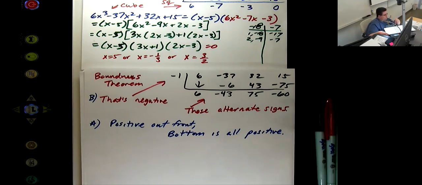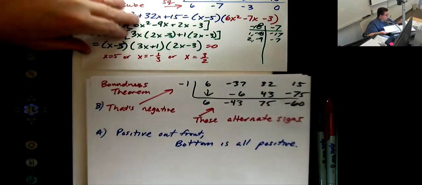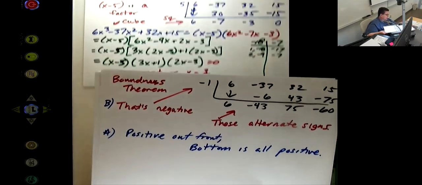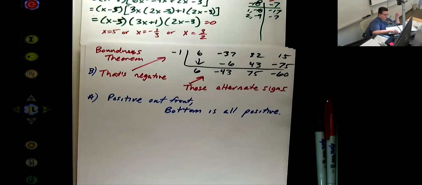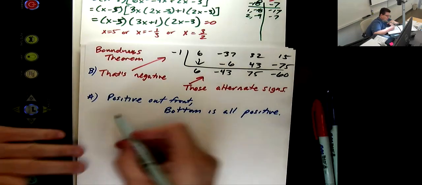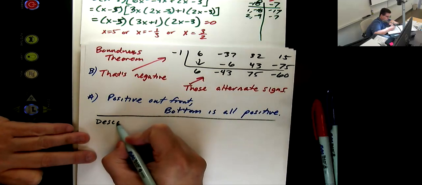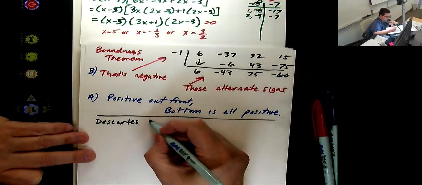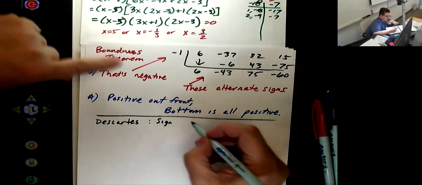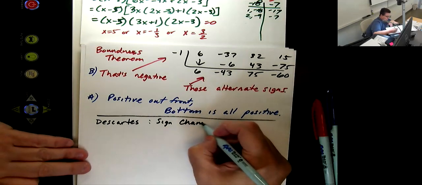Another test you can do was called Descartes' theorem. In fact, I should have led with this. Let's look at what Descartes' theorem says for this. His was the sign changing theorem. It is not called the sign changing theorem, even though that's part of what we count with.